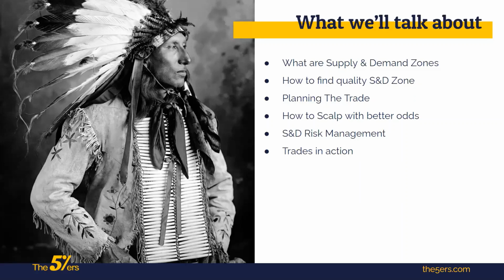We will talk about what qualifies a quality supply and demand zone, and then we will learn to see and draw those zones. Just plotting the zones already makes the trade plan almost complete.